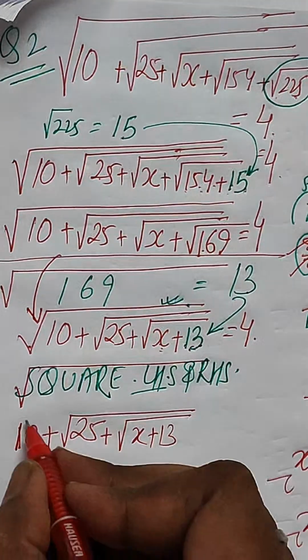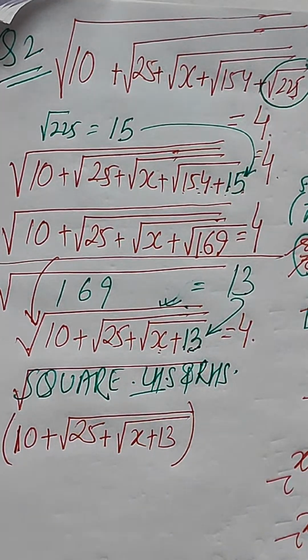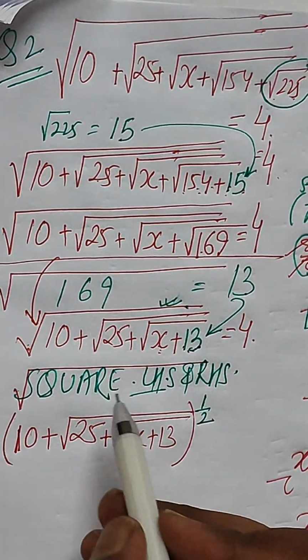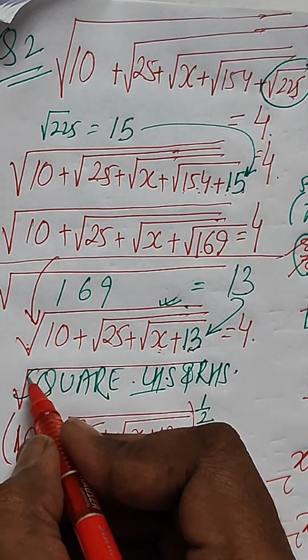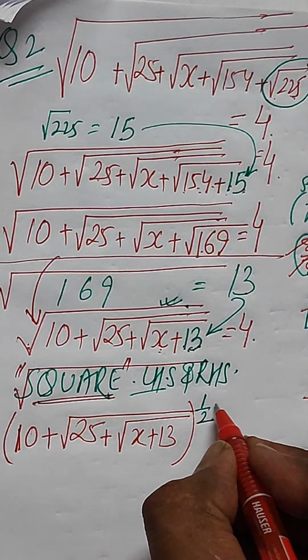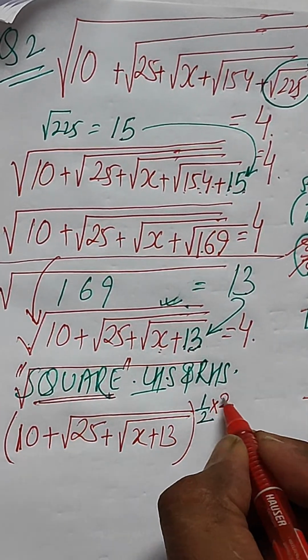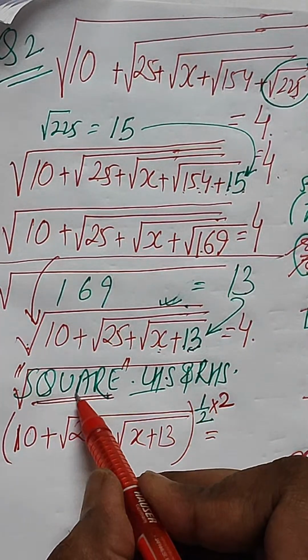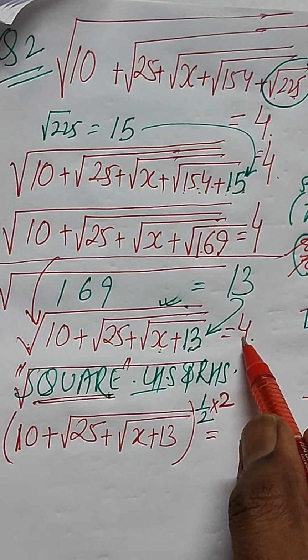This was the LHS, whole power what? This root, that is 1 by 2. Since we have squared it, just mind this word square, that means this will be multiplied with 2, right? Is equal to, since we are squaring the LHS, we need to square the RHS also.